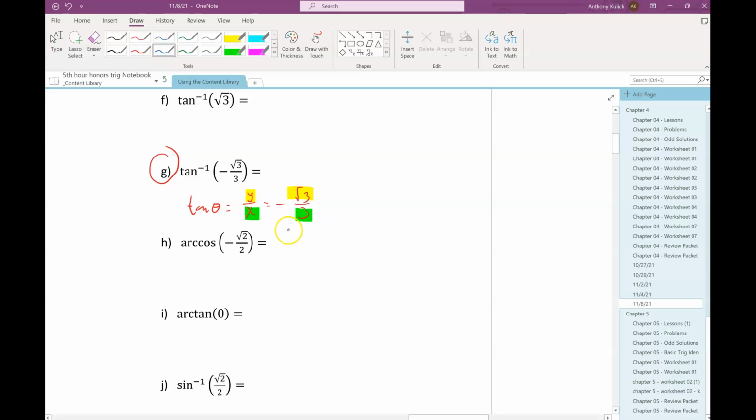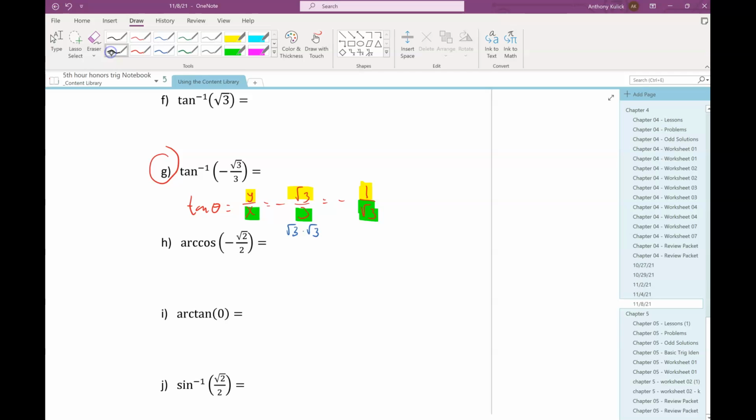So I know I'm going to have to do some reducing here. So remember that positive 3 is the same thing as root 3 times root 3. So I'm actually going to be looking for a place where the y coordinate has a 1 in it and the x coordinate has a root 3 in it.